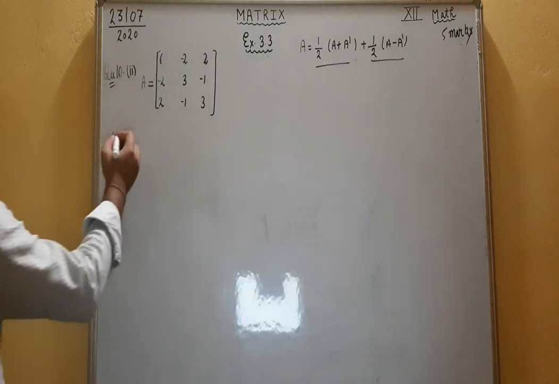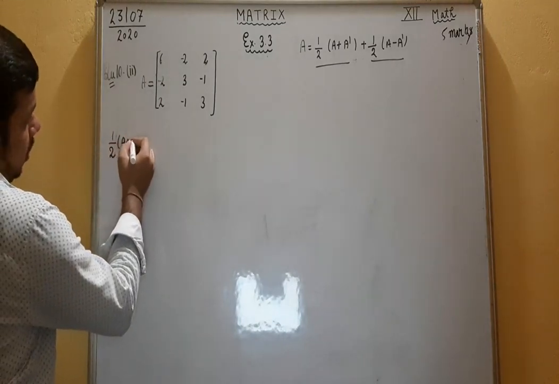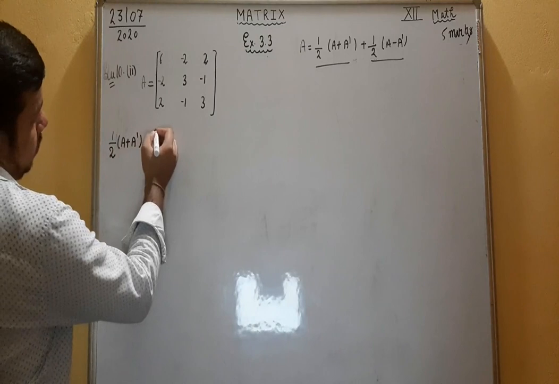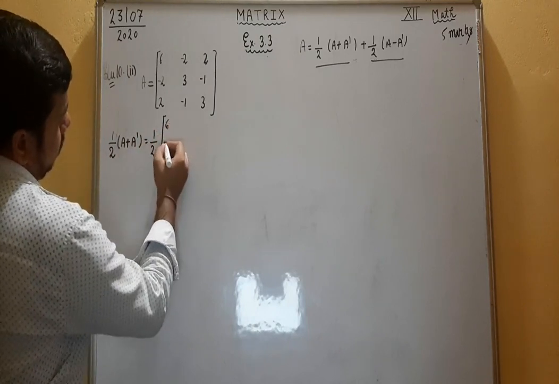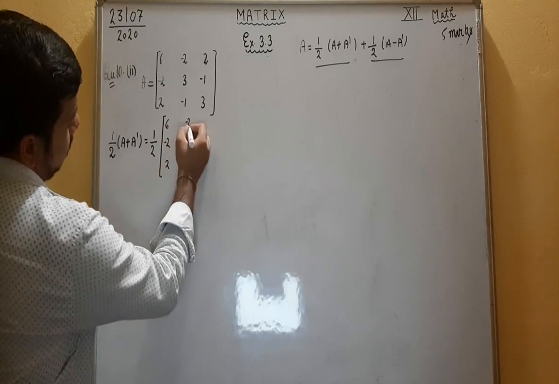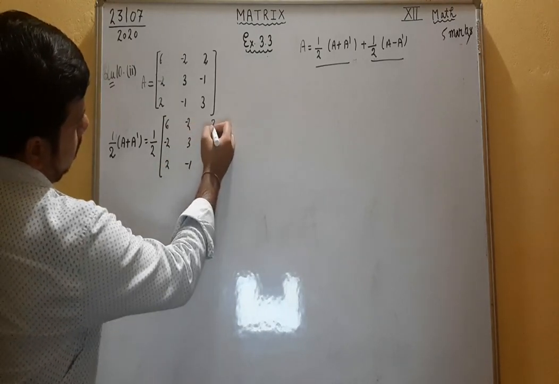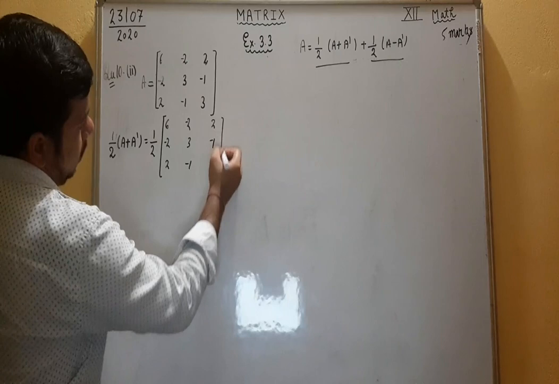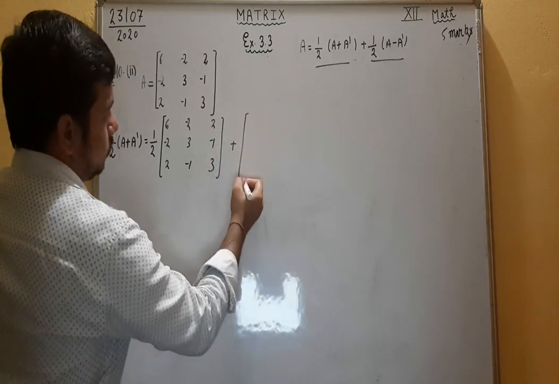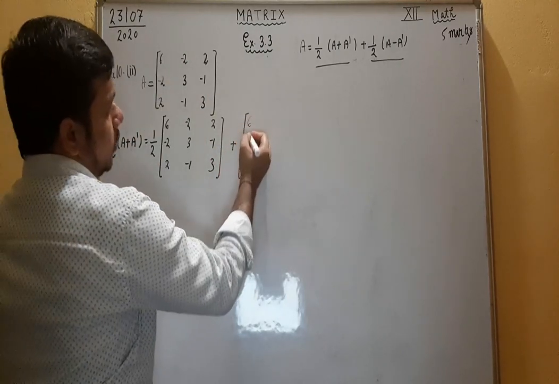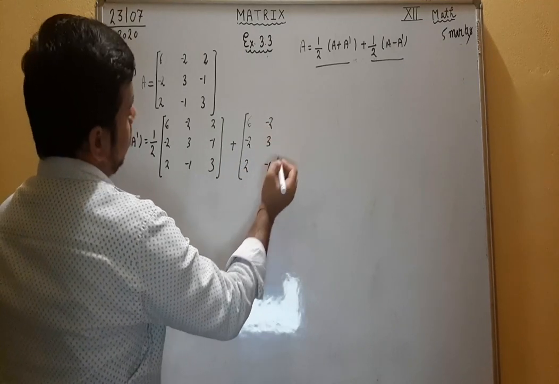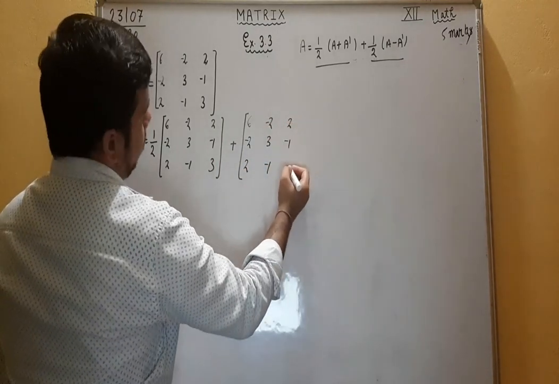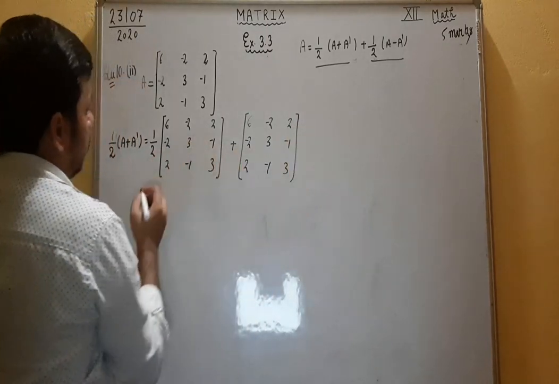So let us find half of A plus A dash, half 6 minus 2, 2 minus 2, 3 minus 1, 2 minus 1, 3 plus A dash. A dash is what? First row becomes first column, second row becomes second column, third row becomes third column, right?